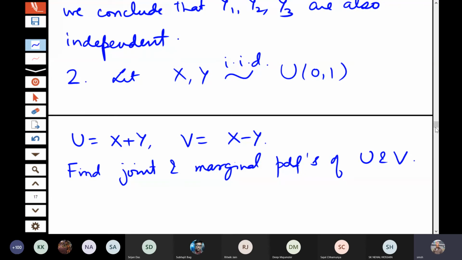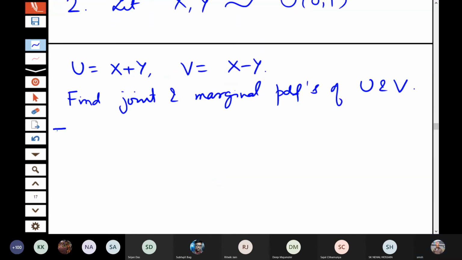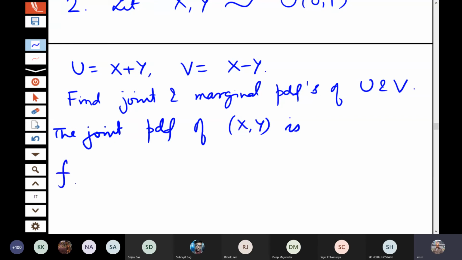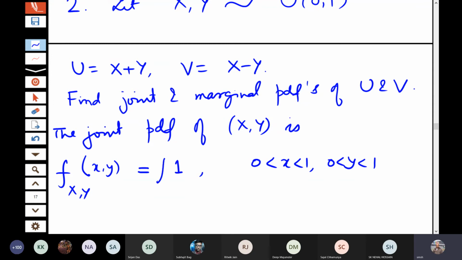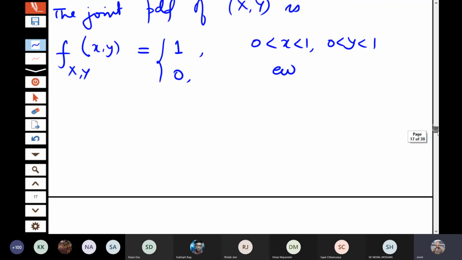So what is the joint PDF of x, y? From there I have to calculate. The joint PDF of x, y for uniform 0, 1 is simply 1, for 0 less than x less than 1, 0 less than y less than 1. It is 0 at all other points. So let us look at this transformation u, v from x, y.